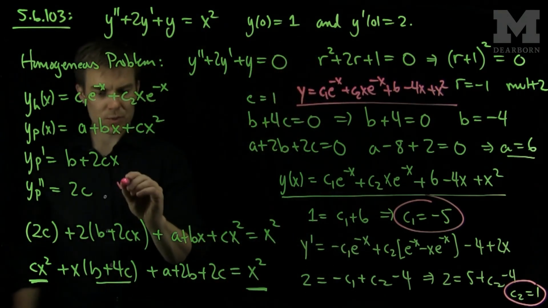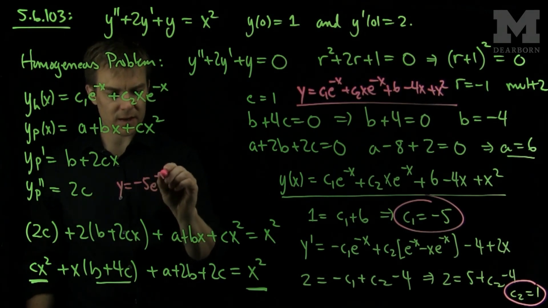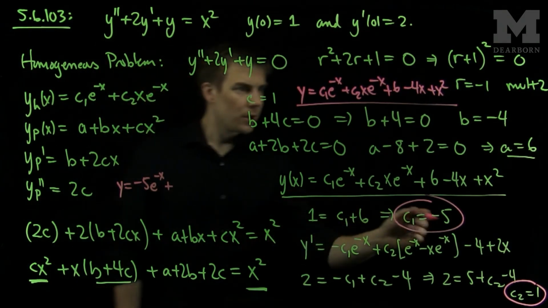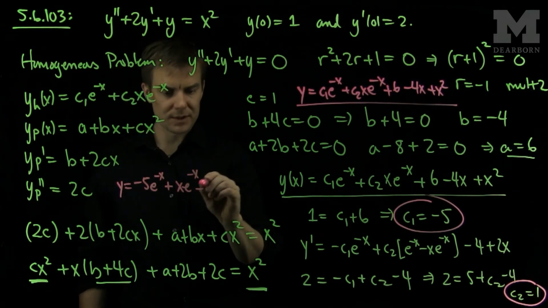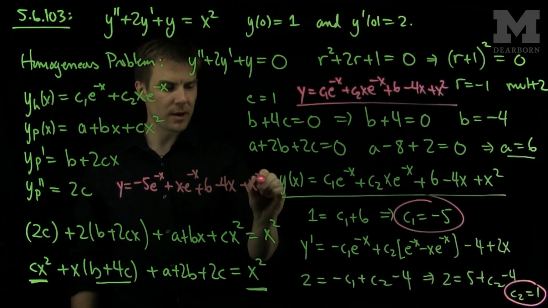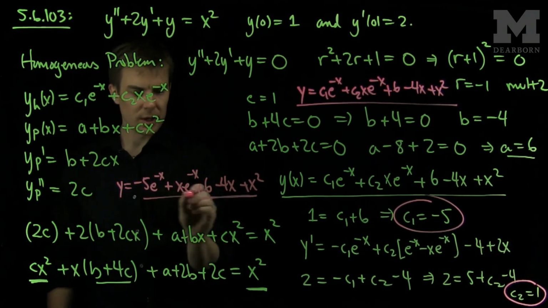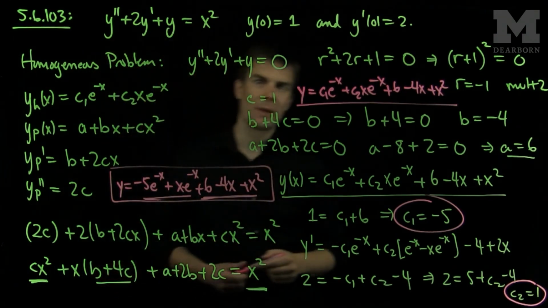So we can rewrite this as y equals negative 5 e to the negative x, plus 1 times x e to the negative x, plus 6 minus 4x plus x squared. Here's our particular solution. Here's our homogeneous solution with the initial conditions plugged in, and we've therefore solved the problem.